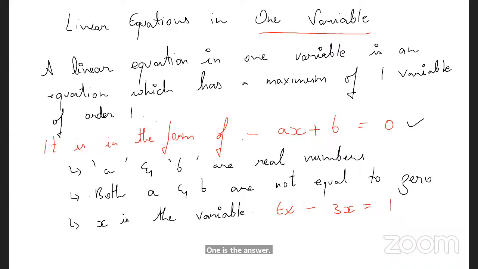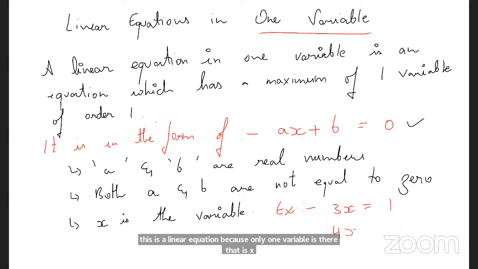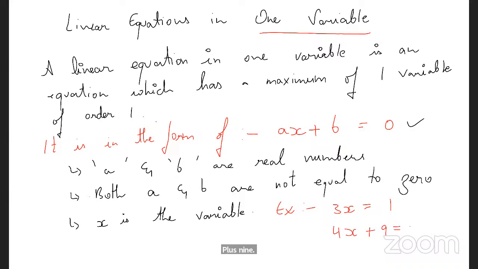This is a linear equation because only one variable is there, that is x. Then 4x plus 9 equals minus 11, which is another linear equation where x is your variable, 4 and 9 are real numbers, and minus 11 is the solution of your equation.